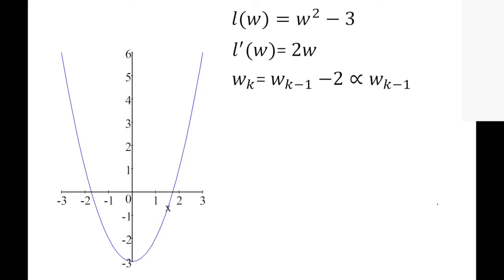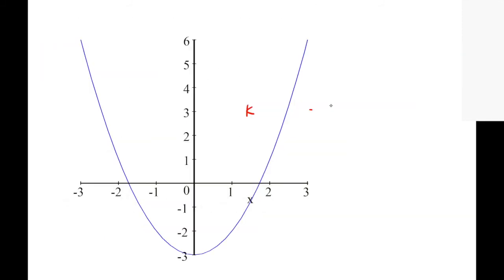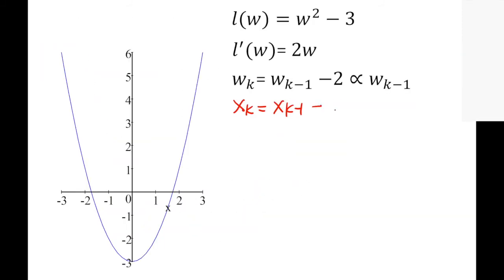If you still remember, the gradient descent equation is x_k equals x_{k-1} minus alpha times the gradient of x. Now think about my f function being w quadratic minus 3. Then we replace the gradient part by 2w, and this is actually at k minus 1.